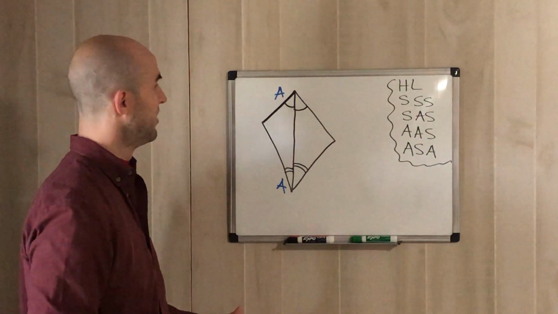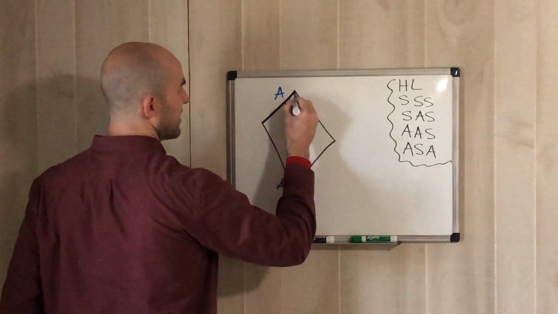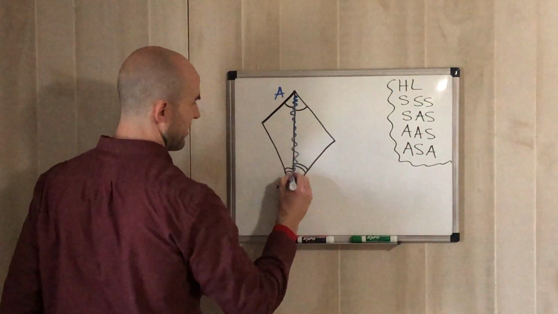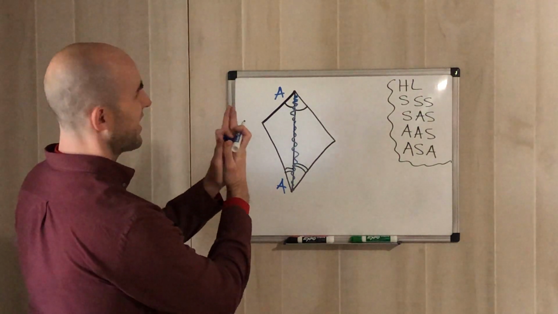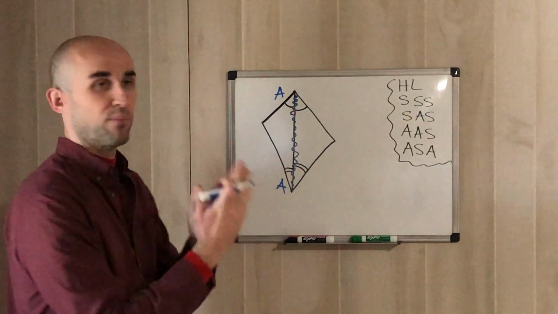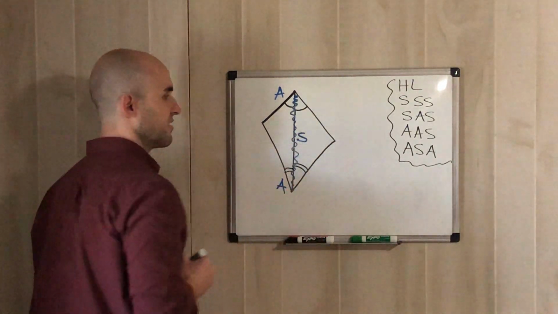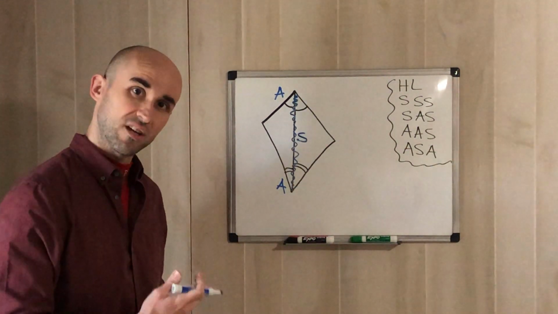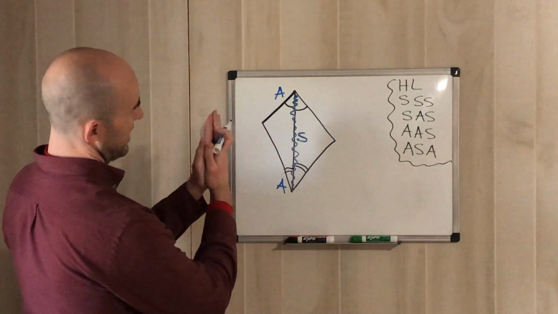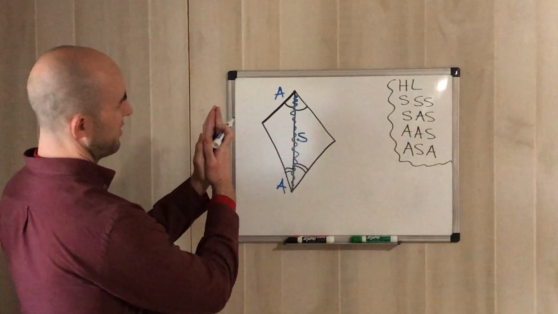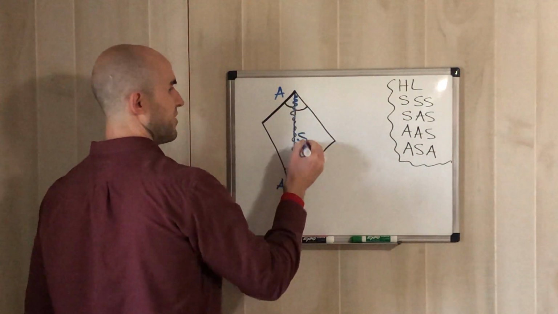But that's not true, because the fact that these triangles are together, we see that they're sharing this side right there. And the fact that they're sharing this side, even though there are no numbers, the fact that they're perfectly next to each other and perfectly on top of each other, we know this side here is going to be congruent too. We know it's congruent because, again, whenever they're together, even though there's nothing written, the fact that they're together shows us that they're exactly the same.